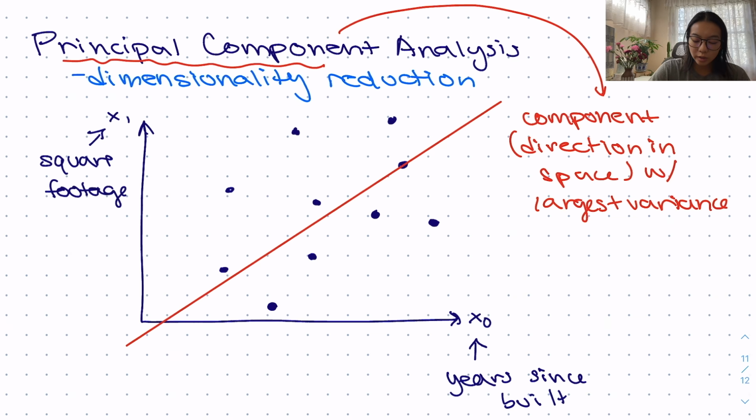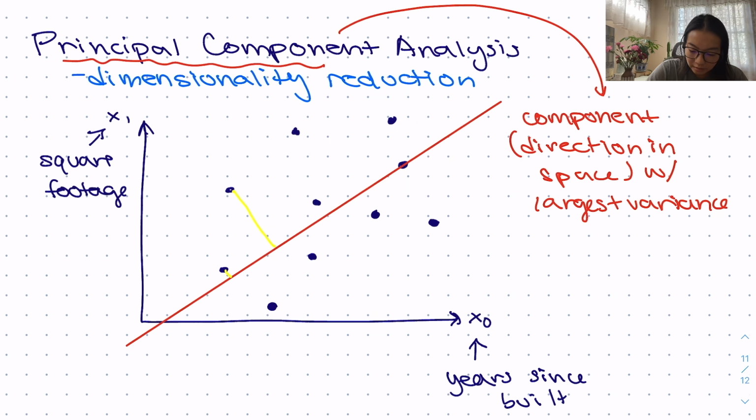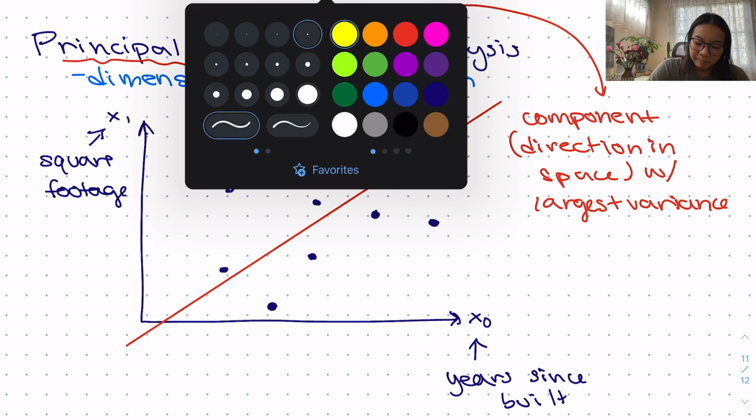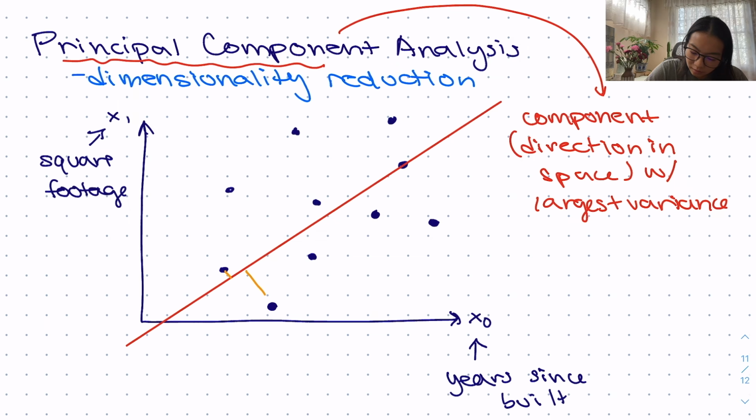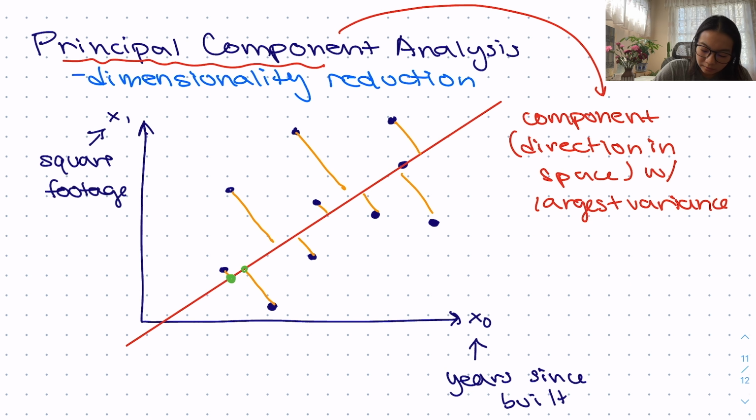Instead, what we're doing is taking the right angle projection. So take this right angle projection onto this line. And what PCA is doing is saying, okay, map all of these points onto this one-dimensional space. So the transformed data set would be here.